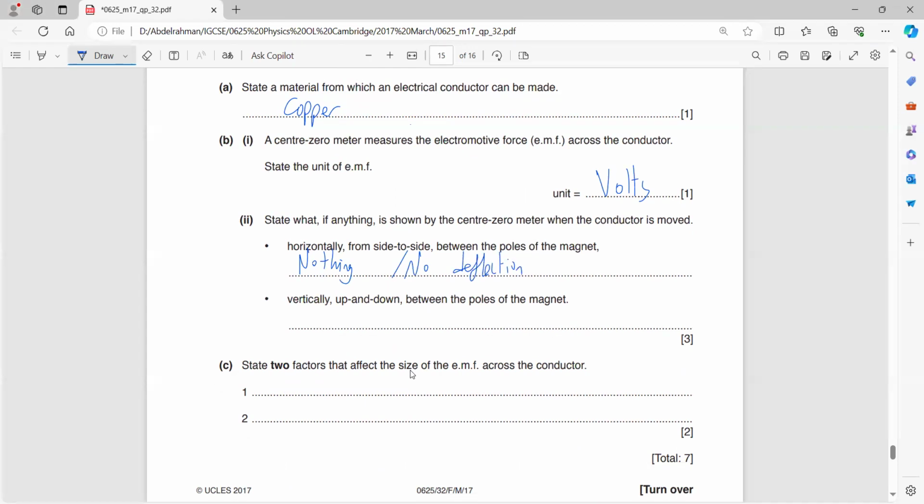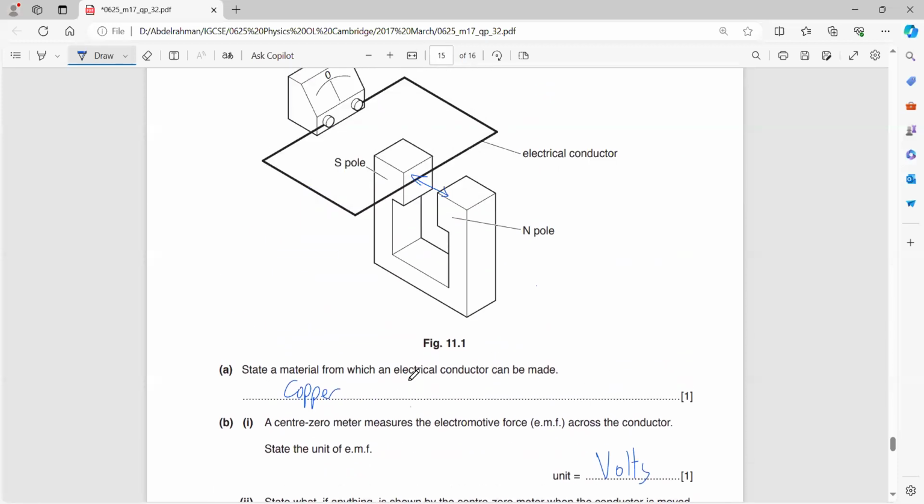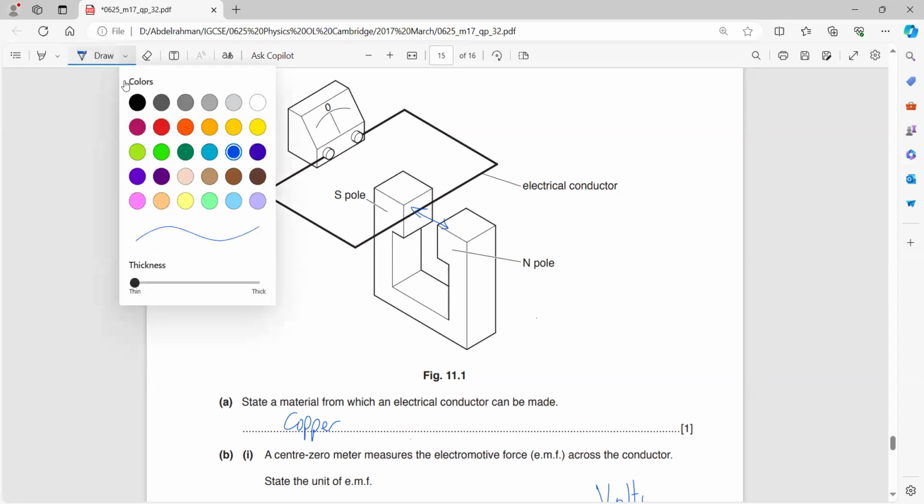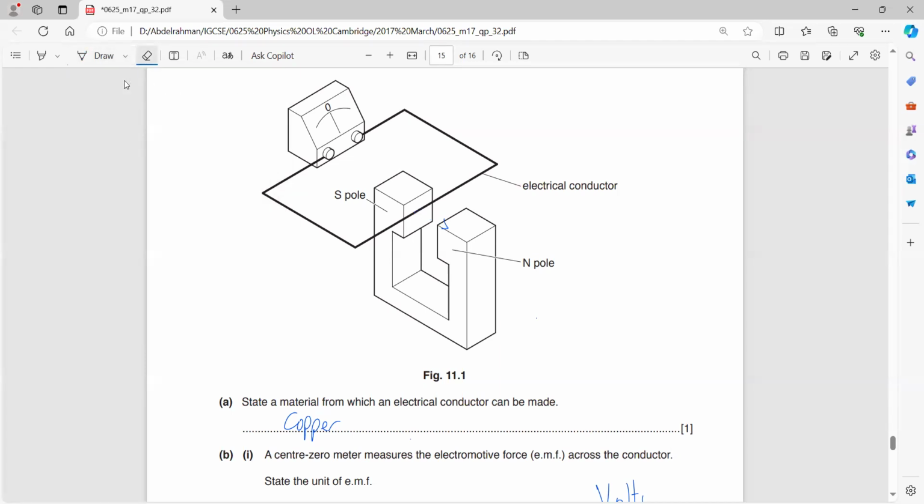Why? Because the electrical conductor is now moving along the magnetic field. This is the South Pole and this is the North Pole. The direction of the magnetic field is always from the North Pole to the South Pole.